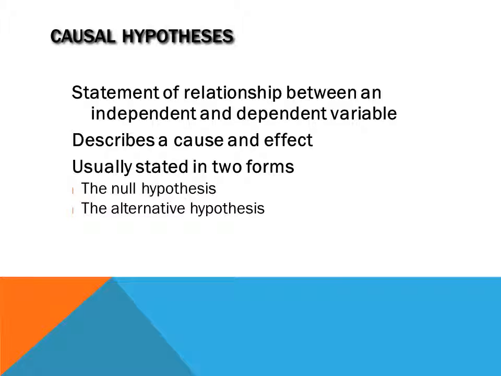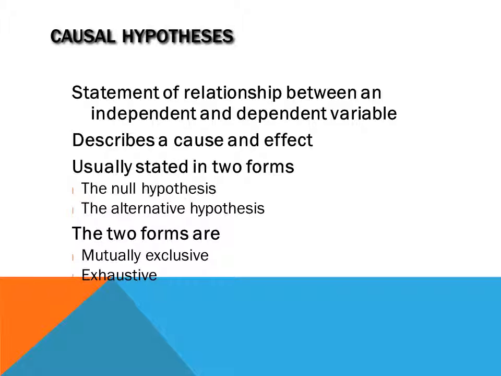Whatever there is outside of the alternative hypothesis, whatever remains, whatever options exist in the explanation of that relationship, is called the null hypothesis. Together, these two forms of hypotheses are both mutually exclusive and collectively exhaustive.